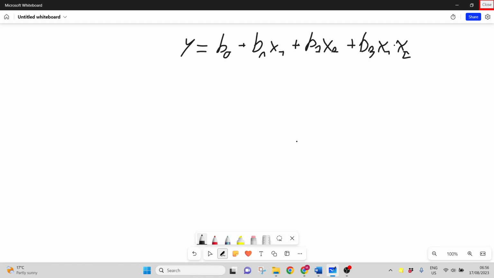Also, if you use R, for example, usually the way you learn multiple linear regressions would be you use lm, and then you have y as a function of x1 plus x2. And this one would be the model that does not have the interaction term.